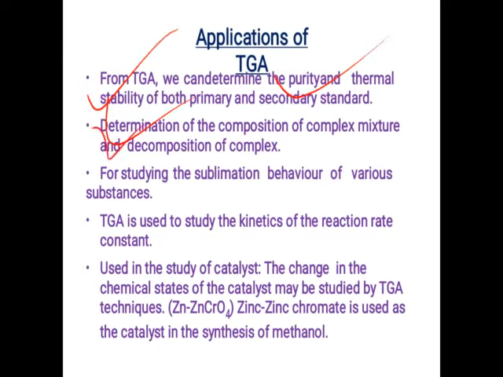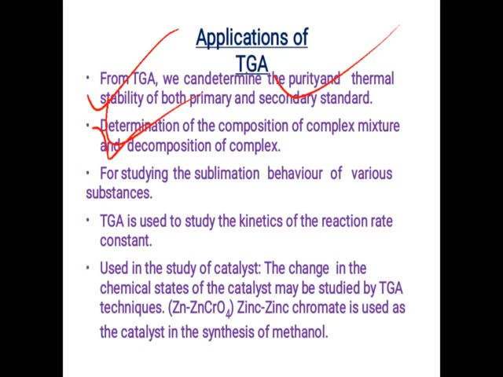The second use is that we can determine the composition of a complex mixture and the decomposition of a complex. If a mixture is present, we can find out which compounds are present in the mixture. So the composition can be found out. If calcium carbonate and silver nitrate are there, we get two different thermogravimetric curves.